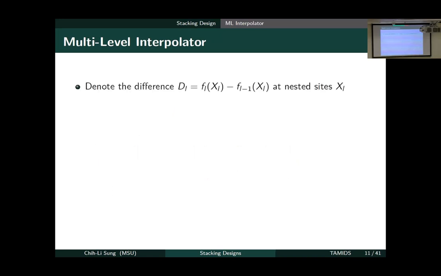All right, so the reason we like to make this assumption is that, given this assumption, we can actually evaluate the outputs of each component. For example, here, since the data is nested, we can actually evaluate the difference between these two simulators.